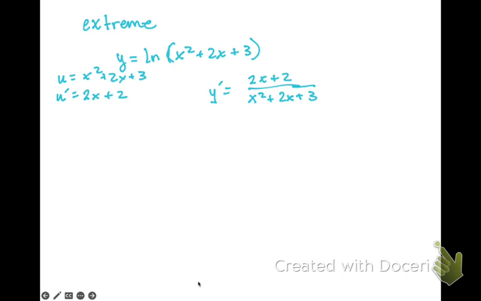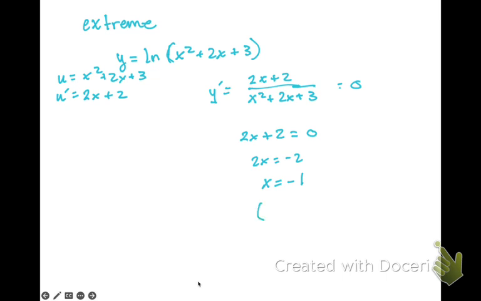Then I have to set it equal to 0. But when I set it equal to 0, what is going to happen to the denominator every single time? It's going to zero out. And so I really just have 2x plus 2 equals 0. So 2x equals negative 2. So x equals negative 1.